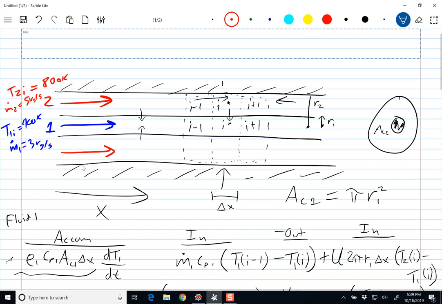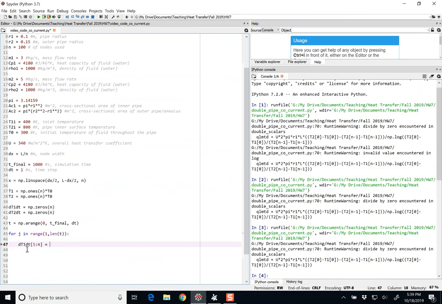We're going to do all the way from node 1, which is actually the second node, to the n, which is going to be node 99. And when you do this indexing, this later part is actually not inclusive. So this is defining it from node 1 to node 99, even though n is technically 100. The way we've defined it, it's going to populate node 1 through node 99, which is going to take us to the end of our heat exchanger.